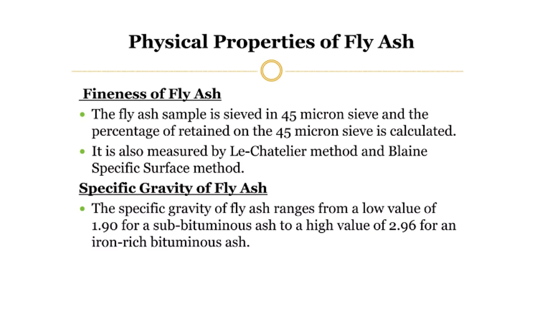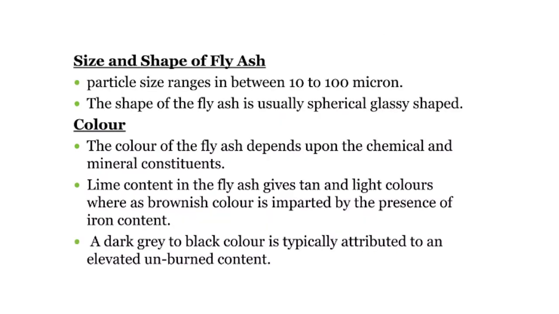Specific gravity of fly ash ranges from a lower value of 1.90 for a subbituminous ash to a high of 2.96 for an iron-rich bituminous ash. Size and shape: particle size ranges from 10 to 100 micron. The shape of the fly ash is usually spherical glassy shape.